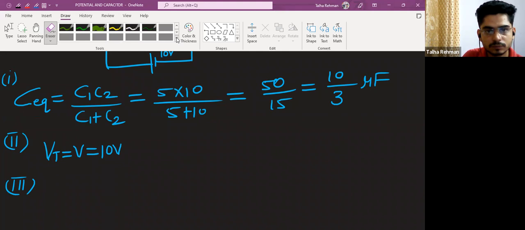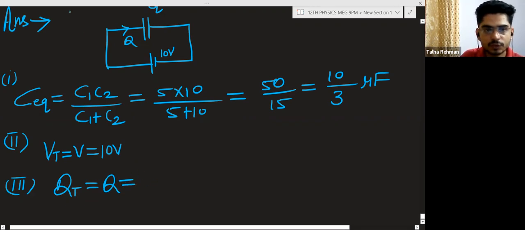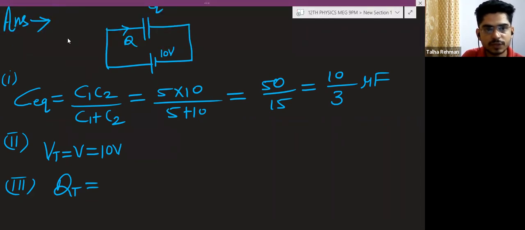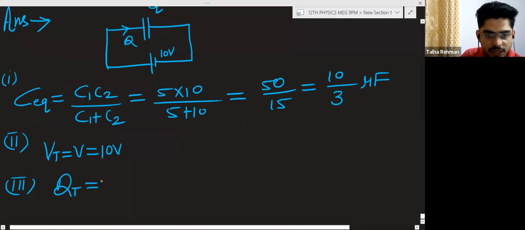Okay. Total charge is equal to Q. Charge is the same everywhere. So total charge is equal to total voltage into equivalent capacitance.